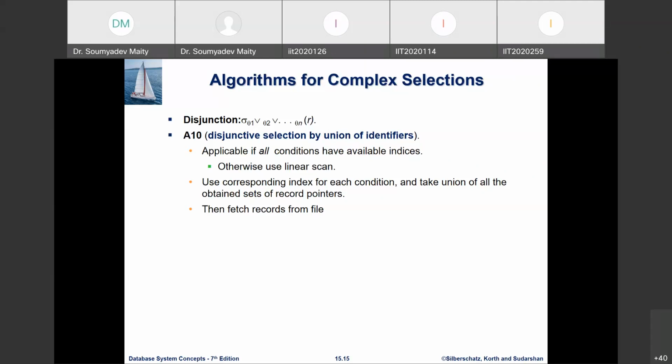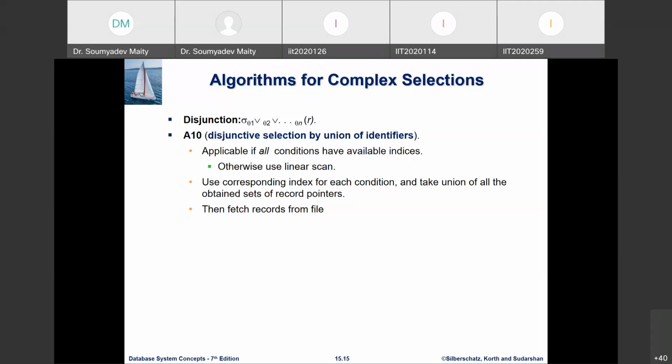But remember one point here, the difference between conjunction and disjunction. Suppose there is no index available for one particular attribute A, which is involved in the condition theta 1 or theta 2 or any theta n.